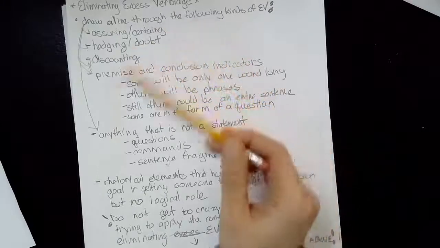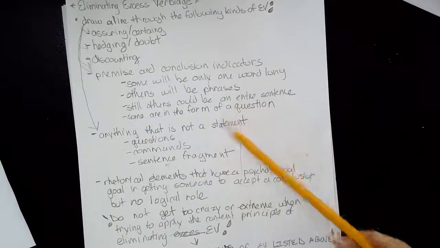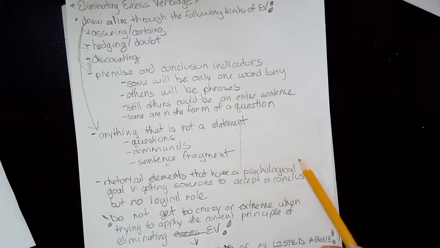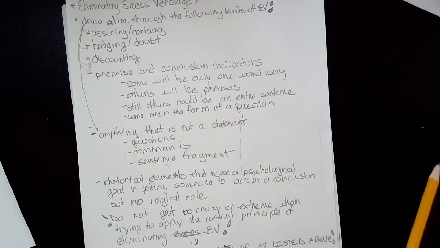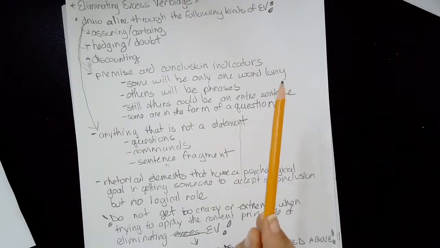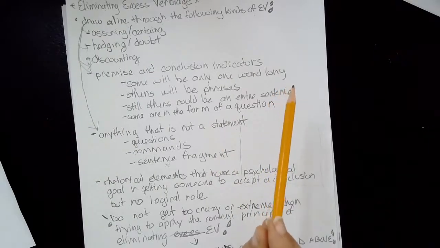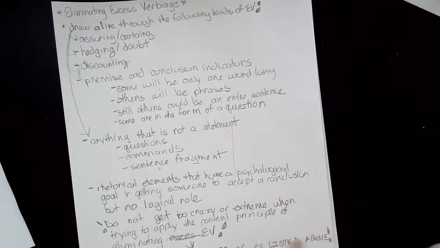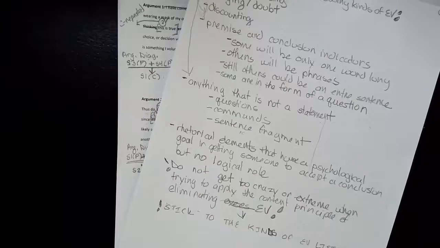So not all of these things are necessarily bad in paragraph form, but remember, what we're trying to do in clarifying an argument is boil it down to its core, its essential logical features. And the things that we get rid of, as wonderful and as necessary as they can be in paragraph form, are not at the core of a given argument's logical features. So make sure you keep that in mind. Okay, so that concludes the opening lecture for our extended lesson on clarifying arguments. We will now start a new video.